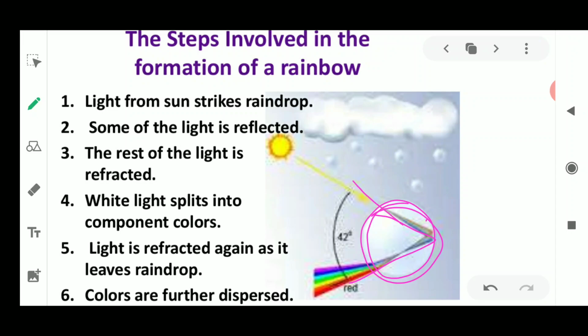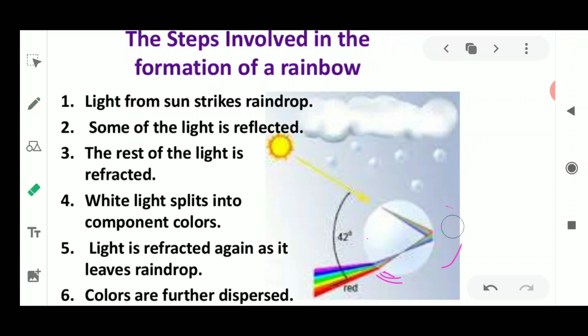Once it is refracted inside, it is reflected by striking the second surface of the raindrop, and then it strikes the next surface of the water droplet and comes out in the form of a refracted ray. After refraction, it gets dispersed in the form of 7 colors. So this is how the rainbow is being formed.